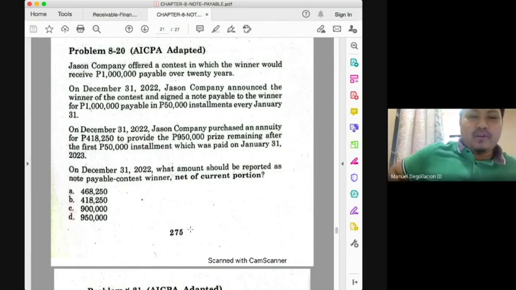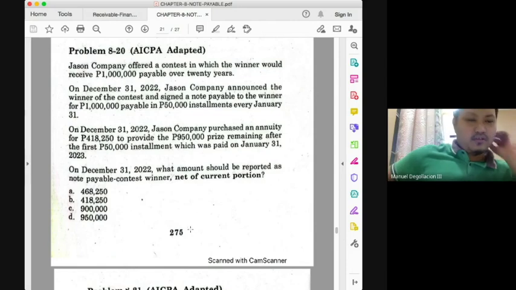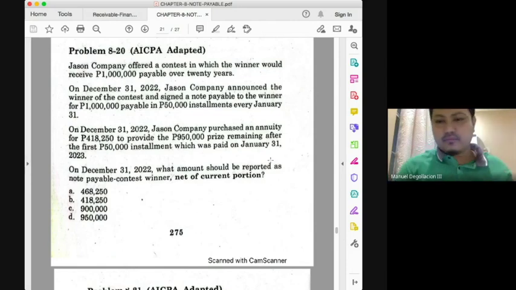On December 31, 2022, what amount should be reported as note payable, contest winner, net of current portion?